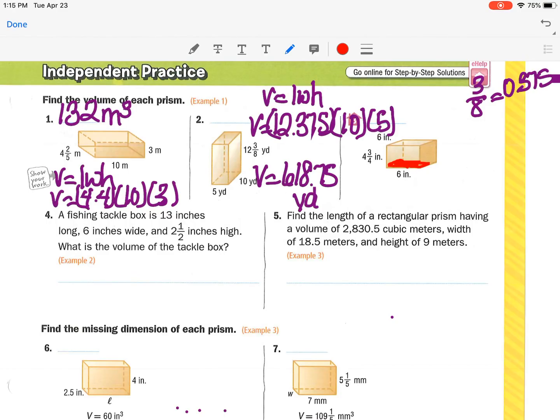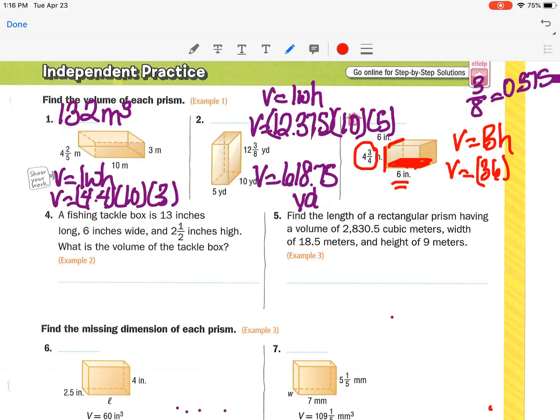We're going to actually do V equals capital B times height. So we know that this one is 6, and we know that this right here is actually the height, which means that this is a 6 by 6. So V equals 6 times 6, which is 36, times 4 3/4.